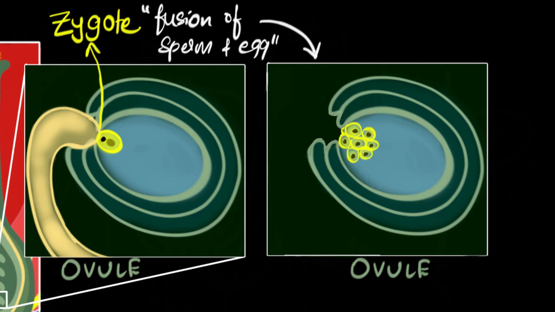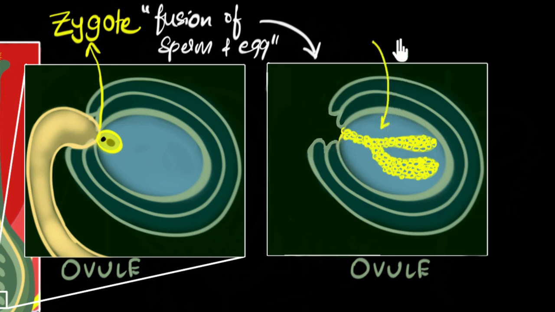And eventually the zygote would have divided into many cells to give us this kind of structure. This structure is now ready to grow a future baby plant. Let me write that down. This structure is now called the embryo.